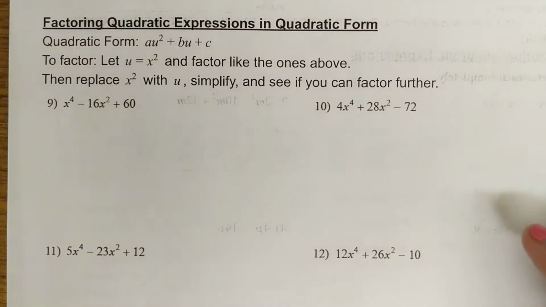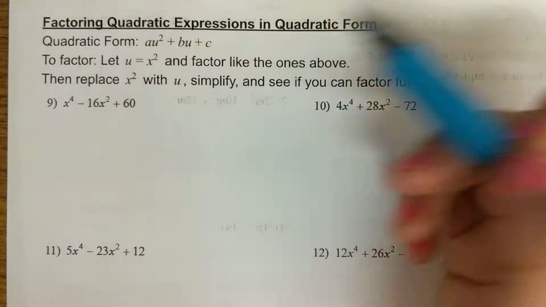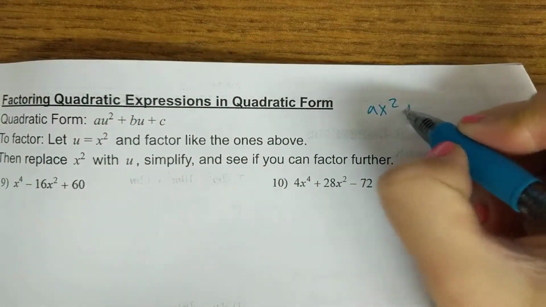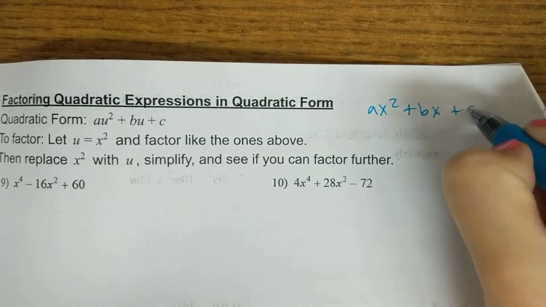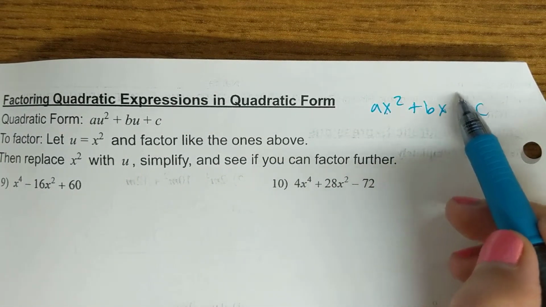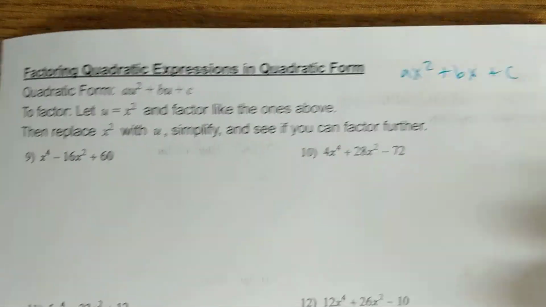Factoring quadratic expressions in quadratic form is basically where you have a quadratic in the form of ax squared plus bx plus c. And you have x squared and then an x to the 1 and then a term with no x.